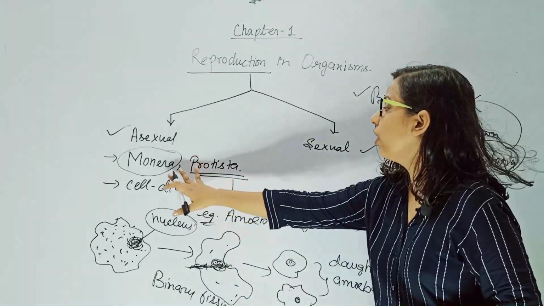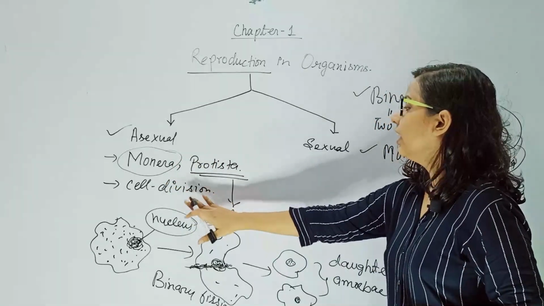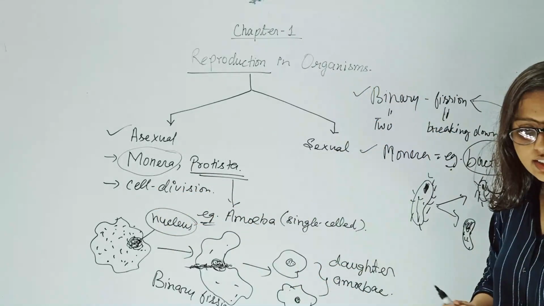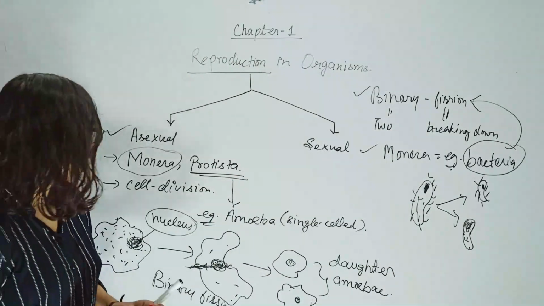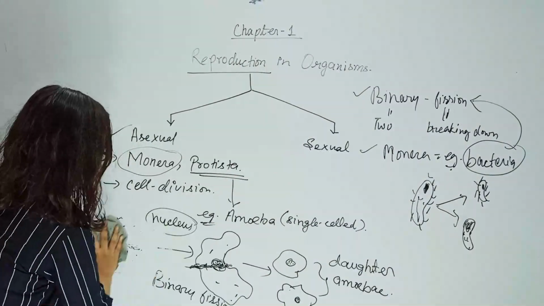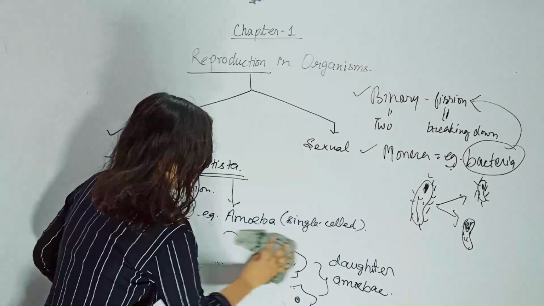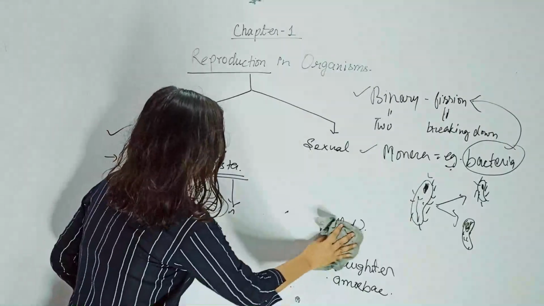In case of lower organisms, that is Monera and Protista, it is a simple cell division, but in case of a little bit higher organisms such as simple plants, it happens through special structures that I have already told.